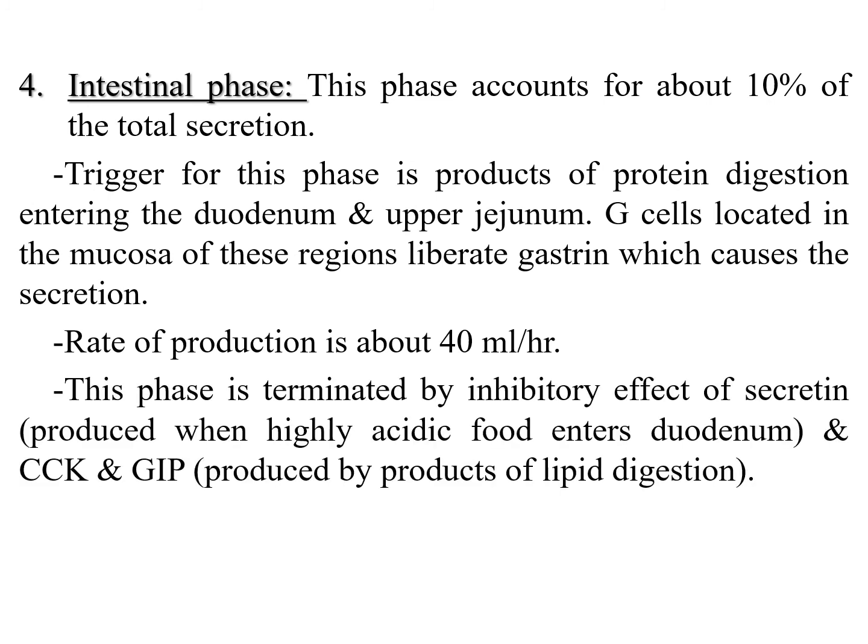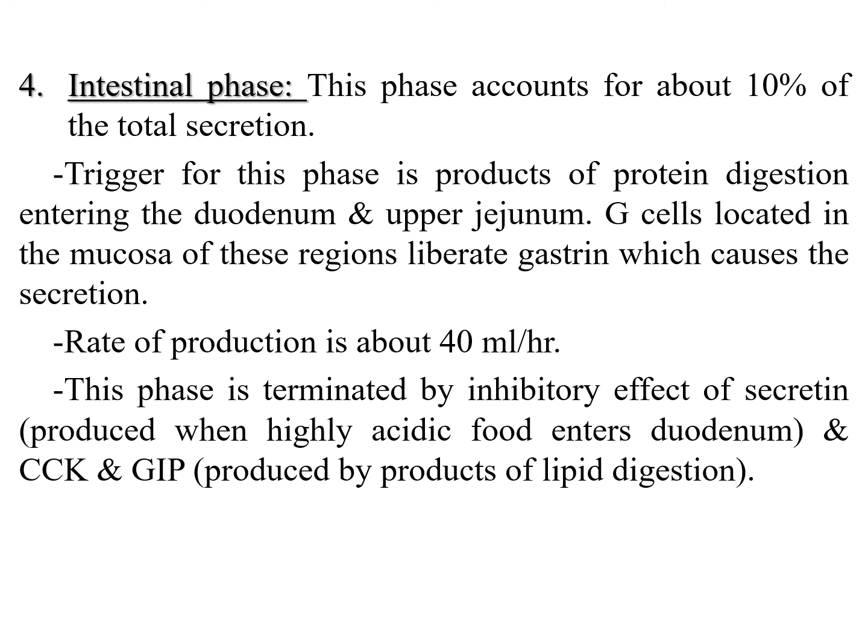The intestinal phase is also marked by the release of inhibitory gastrointestinal hormones, namely secretin, CCK and GIP. These three local hormones, sometimes known as the gastrointestinal hormones, are produced by different cells located in the mucosa of the small intestine.